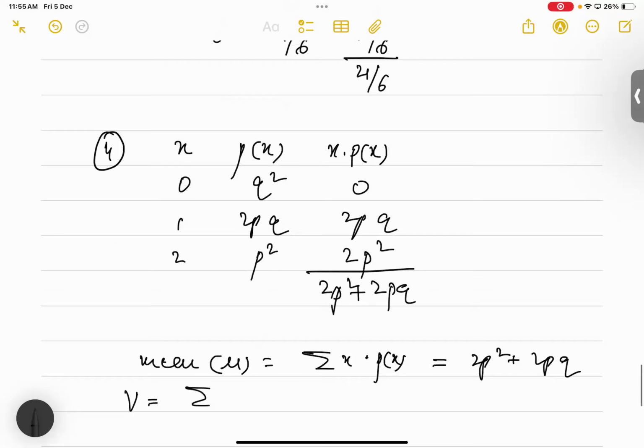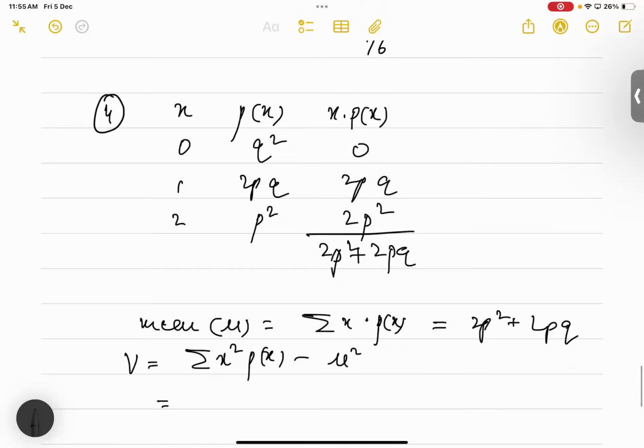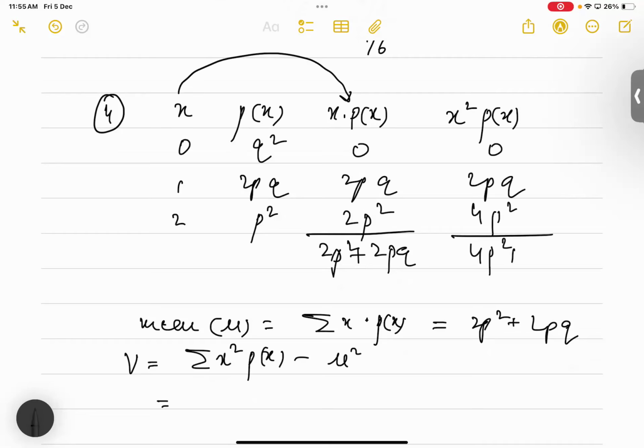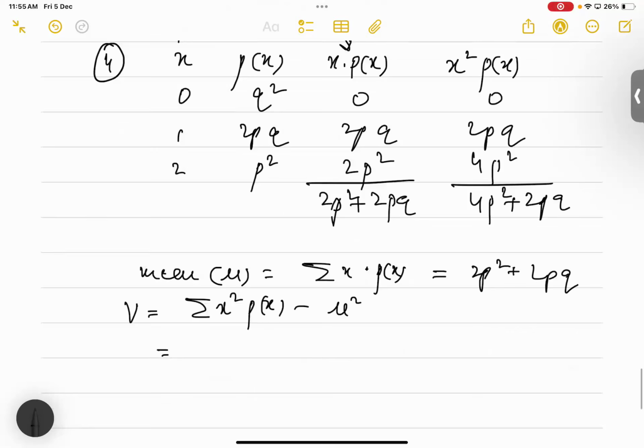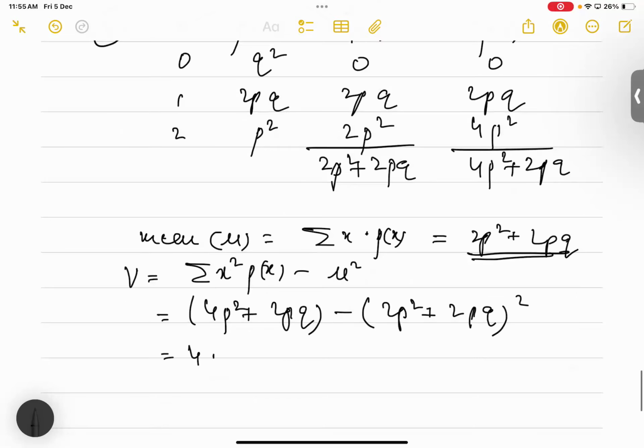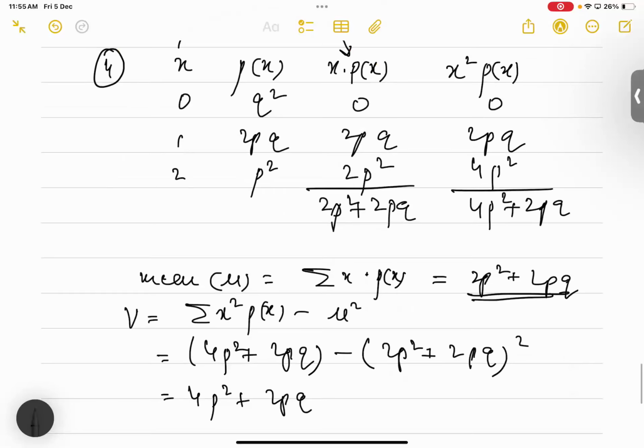Variance is summation x square p of x minus mu square. So x square p of x, we did this yesterday. X into x p of x is x square p of x. So 0, 2pq, 4p square. So this is going to be 4p square plus 2pq, minus mean square, 2p square plus 2pq the whole square. 4p square plus 2pq minus 4p square plus 4p square q square.